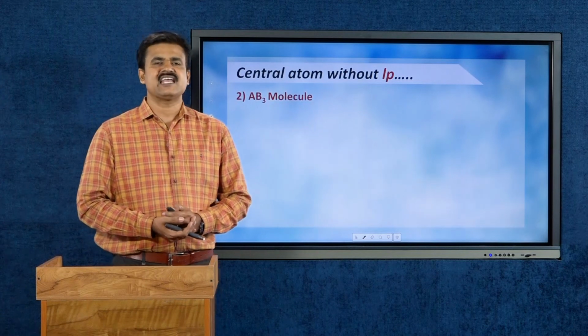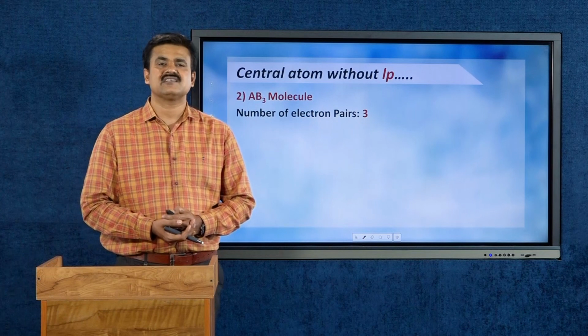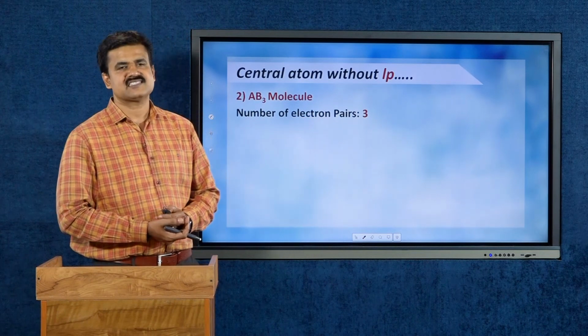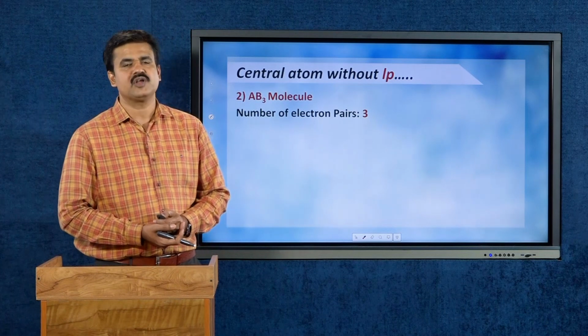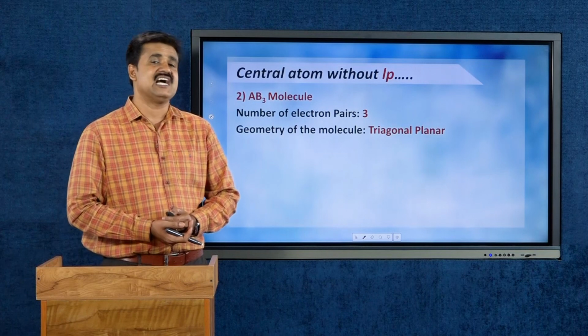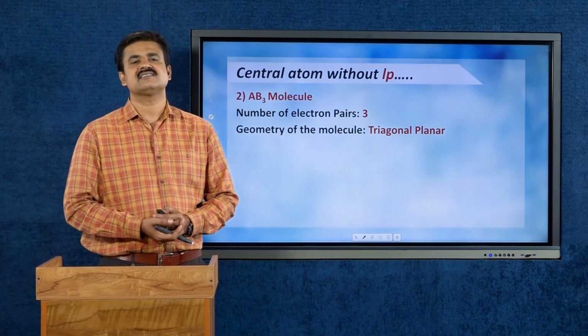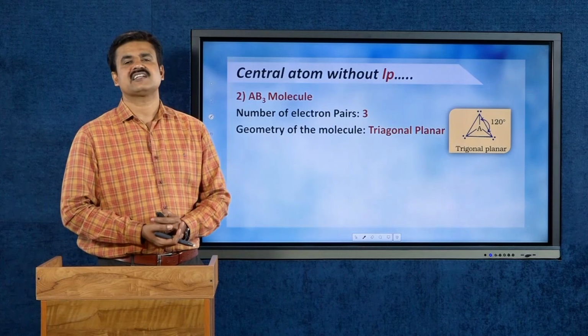Now we are considering another category, that is AB3 molecule, where the number of electron pairs is equal to 3, all are bond pairs, A is the central atom. Since AB3 is the molecular formula, you can see that there are 3 bond pairs and the more stable geometry of the molecule, as per the VSEPR theory, is trigonal planar geometry, and this is the representation of the trigonal planar geometry.